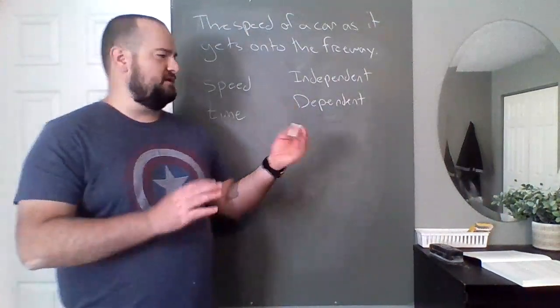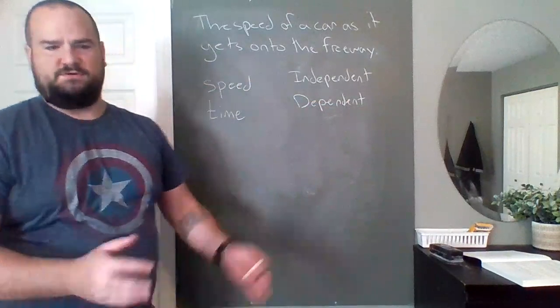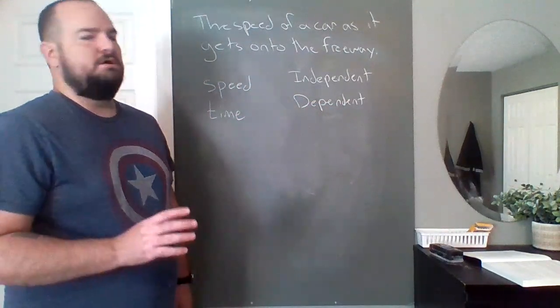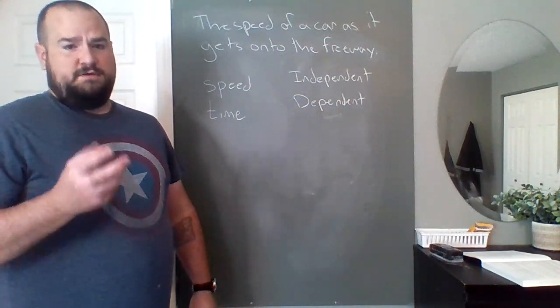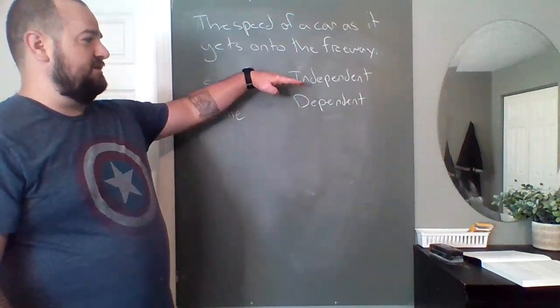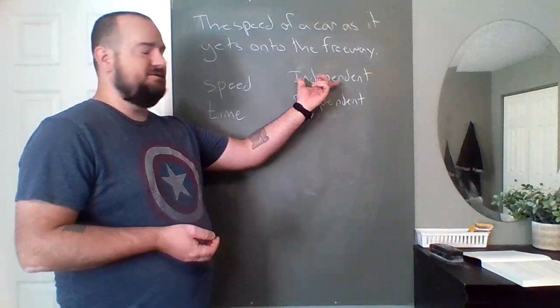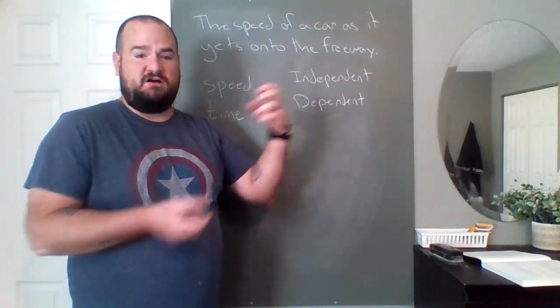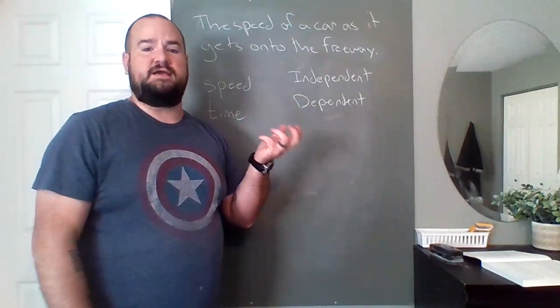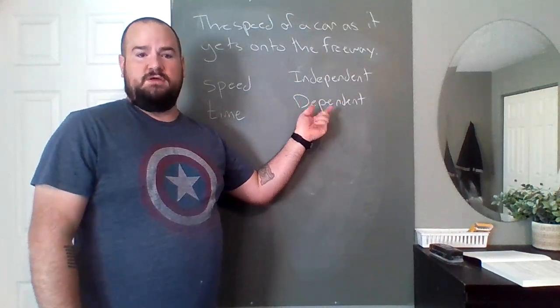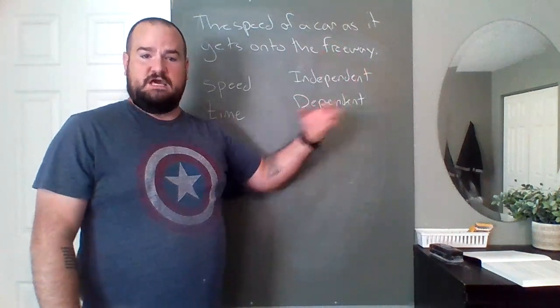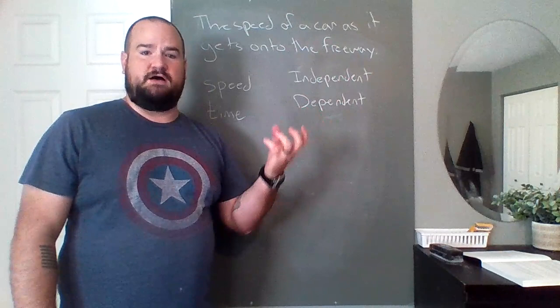Okay, sorry, I'm left-handed. I have to kind of write over that way, so I'm going to walk across the board. All variables in a problem like this can be classified as either independent or dependent, and they mean exactly what they sound like. An independent variable is one that can change on its own. It doesn't require anything else. Where the dependent variable relies on another variable to give its value.